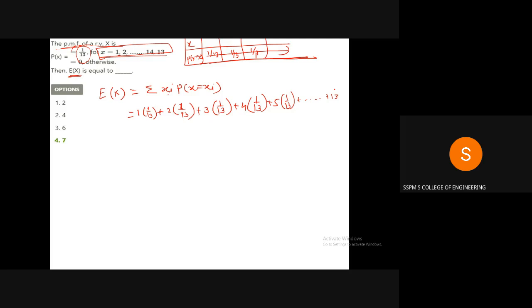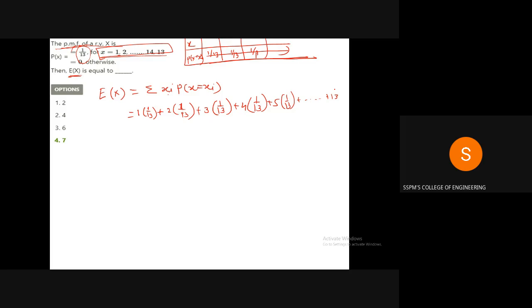So 1 by 13 can be taken out of the bracket. So 1 plus 2 plus up to 13, all these will be added. How can we calculate 1 plus 2 plus all the values up to 13? We know that it is given by 13 into 14 divided by 2, isn't it?